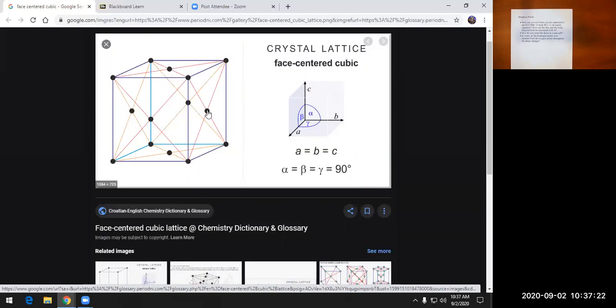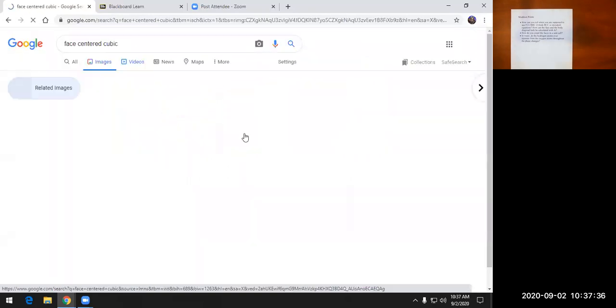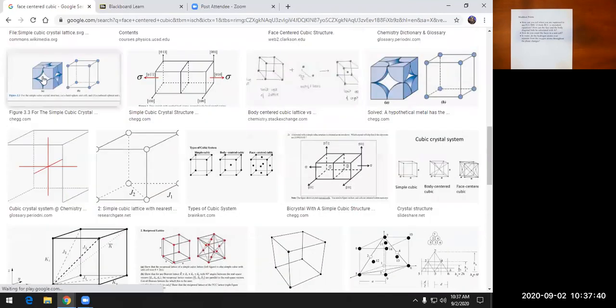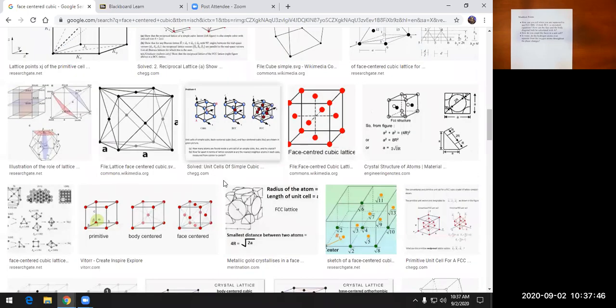Now, this method of representing the face-centered cubic structure doesn't tell you directly what is in contact with what. So a better representation when you're trying to figure that aspect out is going to be one of these more space-filling kinds of diagrams.